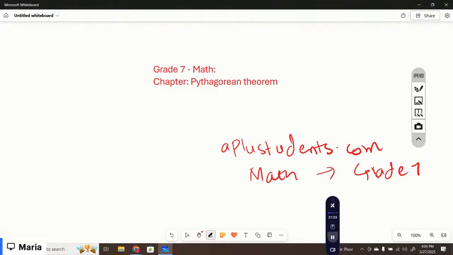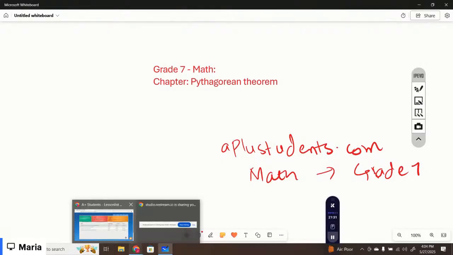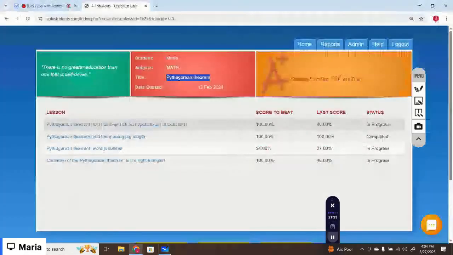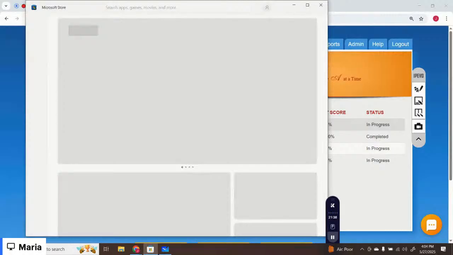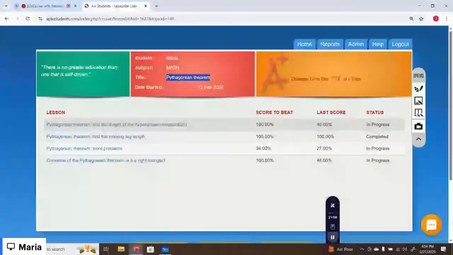Please make sure you have your notebook and pencil so that you can write down important examples and definitions. Let's start with the first lesson, Pythagorean theorem: find the length of the hypotenuse.